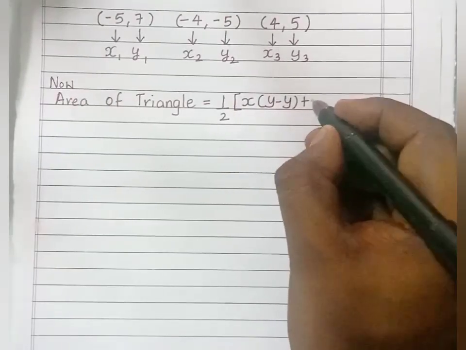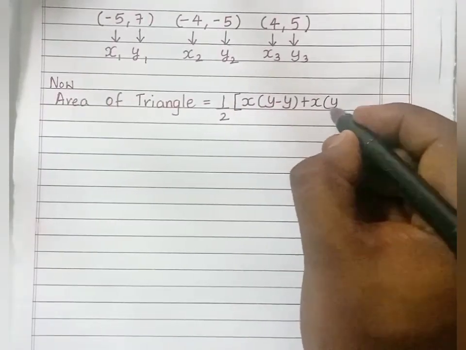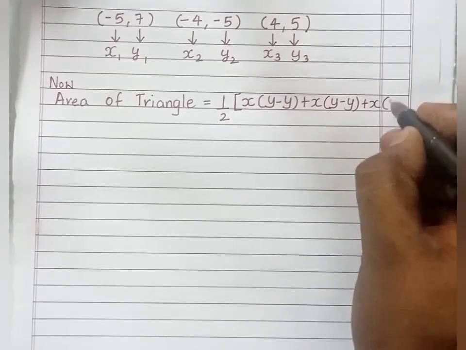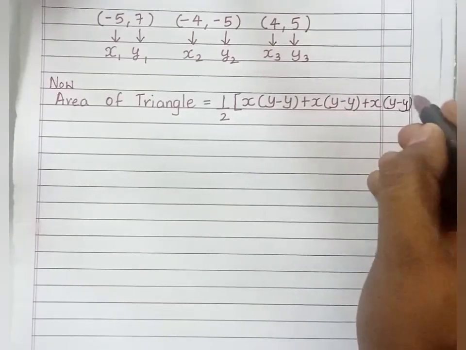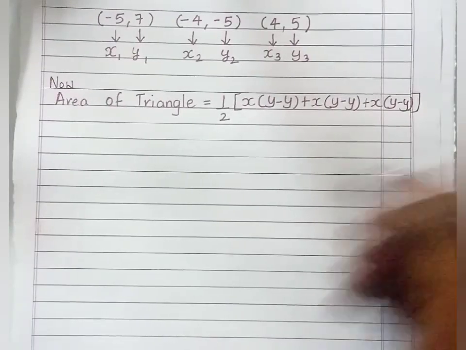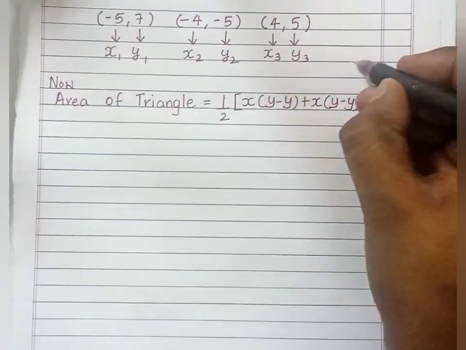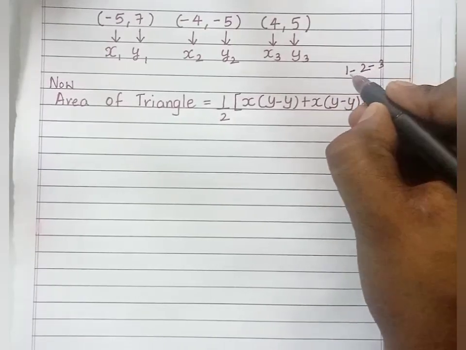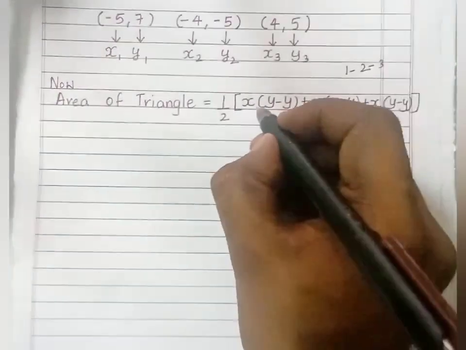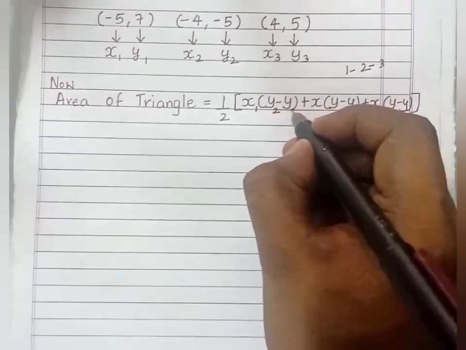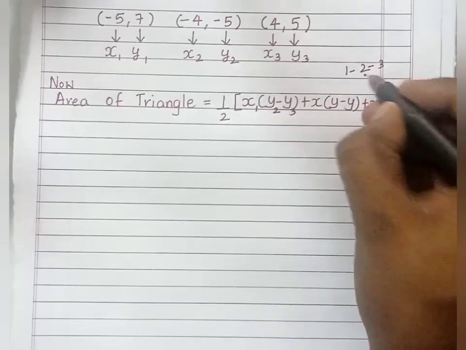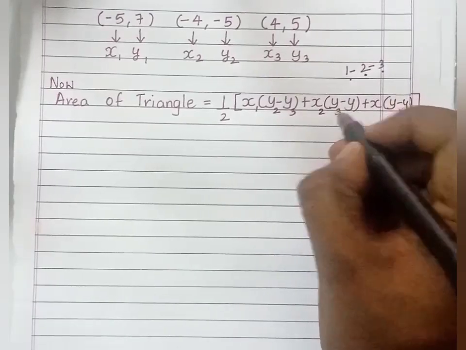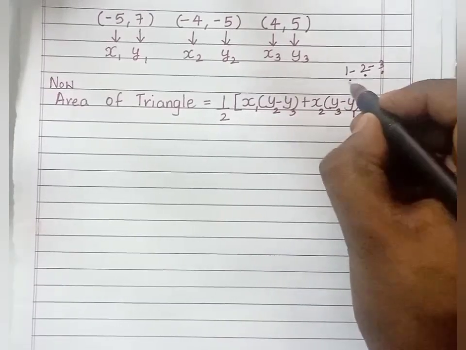I'll repeat again x, y minus y, again x, y minus y. Now I'll write down the numbers 1, 2, 3. Now what I'll do, I'll write down the numbers in cyclic order. That is 1, 2, 3. Next 2, 3 and 1. Next is 3, 1, 2.